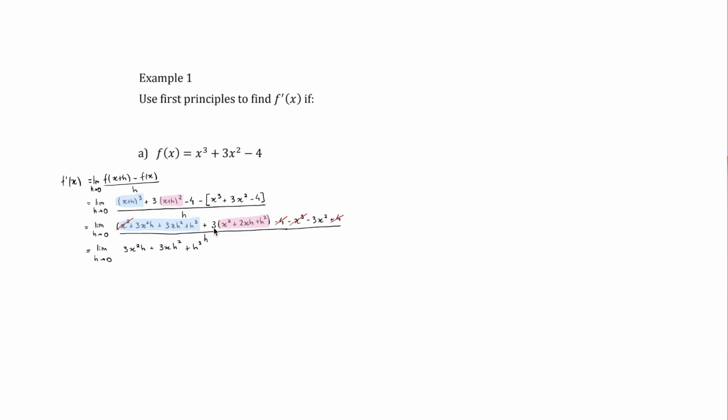And now I'm going to distribute this 3 here. So I'm going to have plus 3x squared plus 6xh plus 3h squared. And now minus 3x squared.